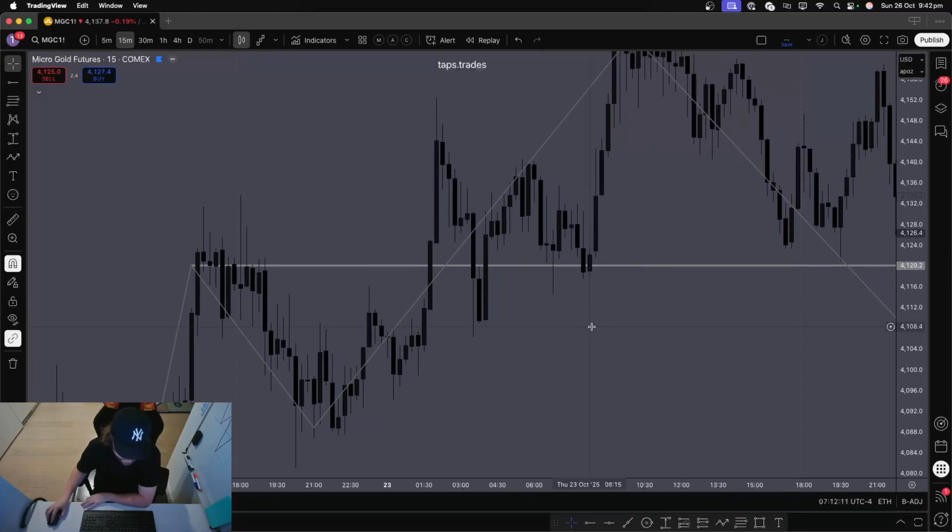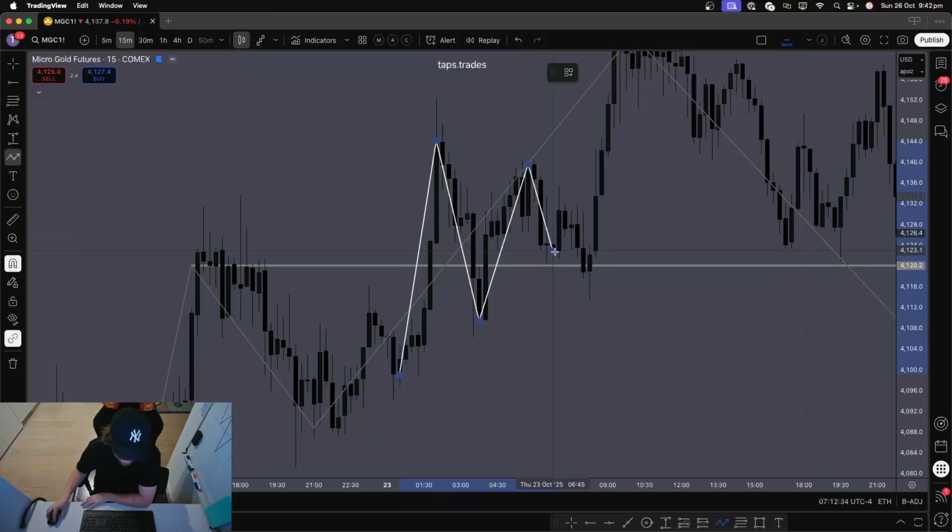Now this is a little bit tricky, because if you were to analyze the internal structure on this, right? Low, high, higher low. What does price do? It doesn't create a new high.